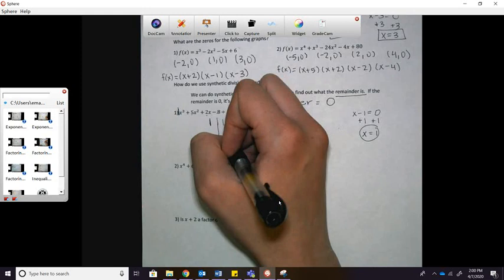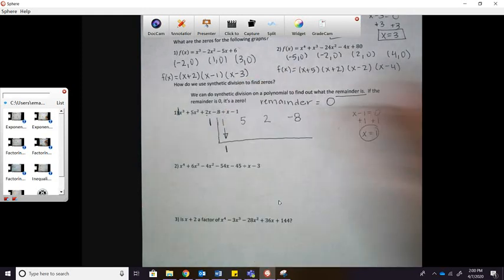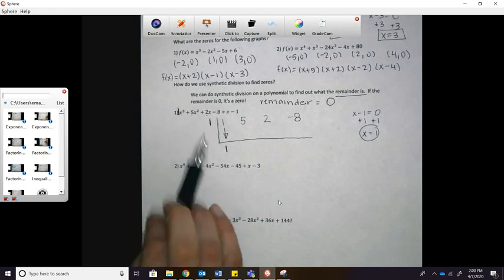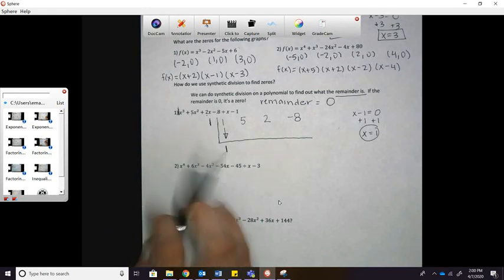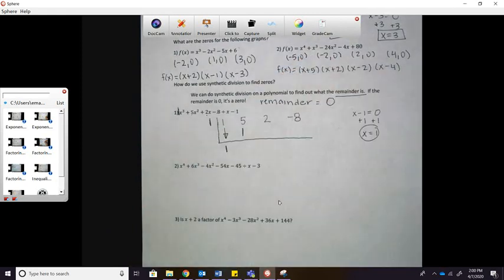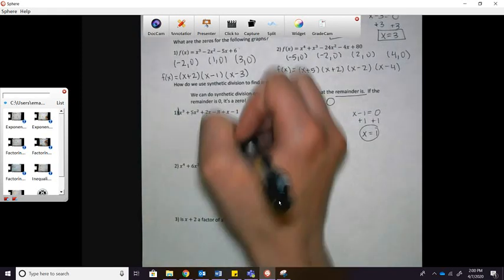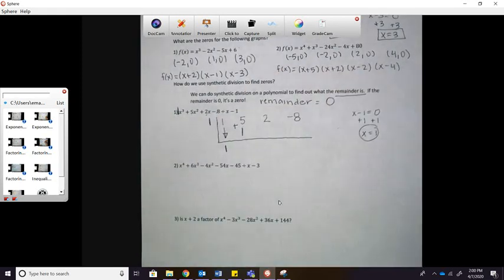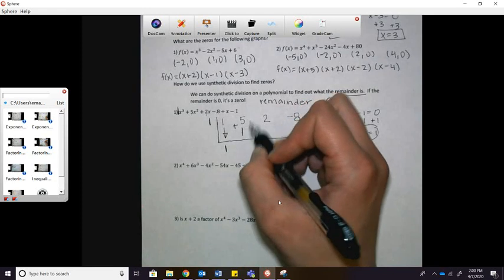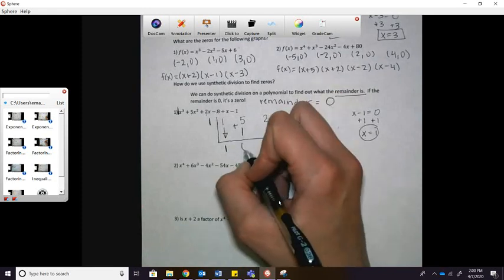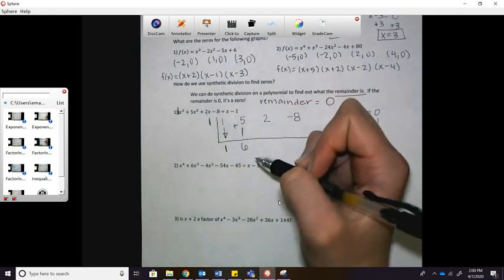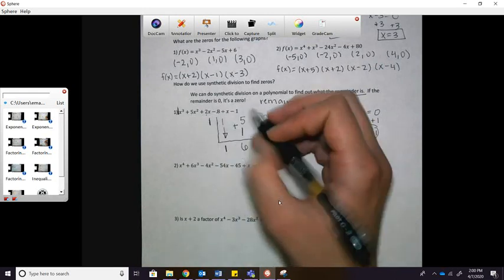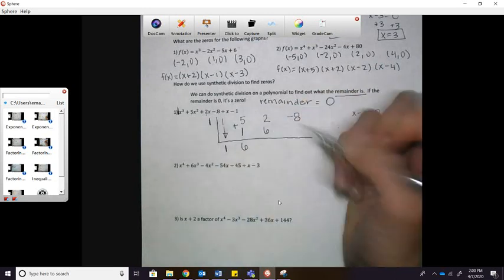I'm going to bring down my 1 first. Then I'm going to multiply 1 times 1 and bring it below the 5. I'm now going to add those 2, so 5 plus 1 is 6, and then I'm going to multiply. 1 times 6 is 6.